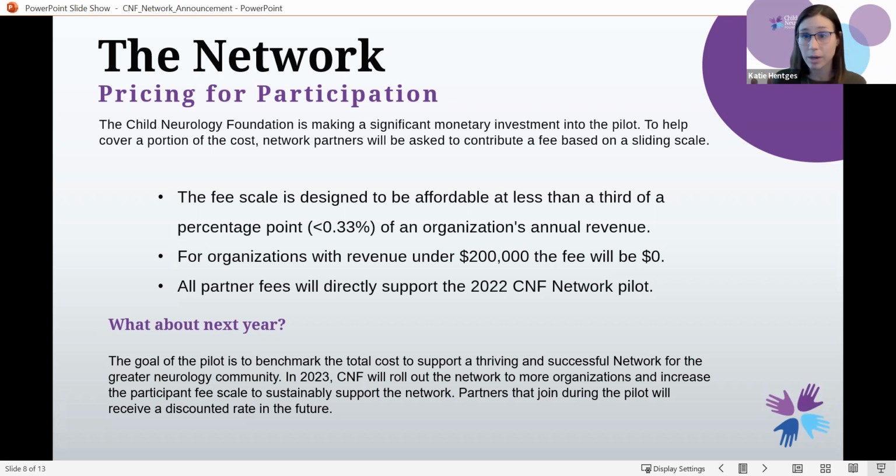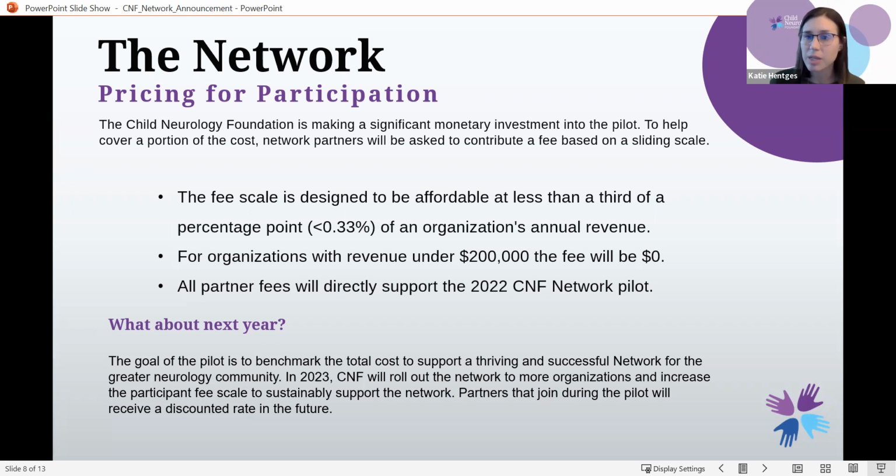For full transparency, any 501c3 in the United States can join and use Unitas as an individual organization for free. So if you wanted to, you could go in and just test it out for free. But in order to actually aggregate our data and make a difference and really get that volume out there to better understand what the needs of our community are, there is this small price point associated with it.